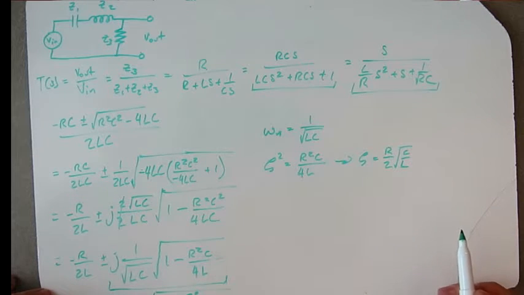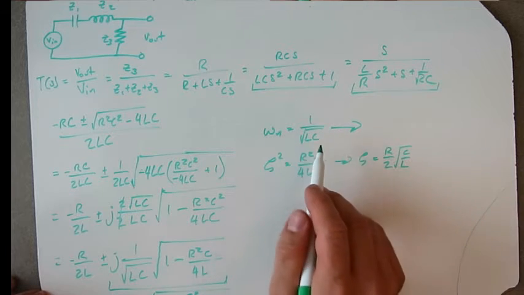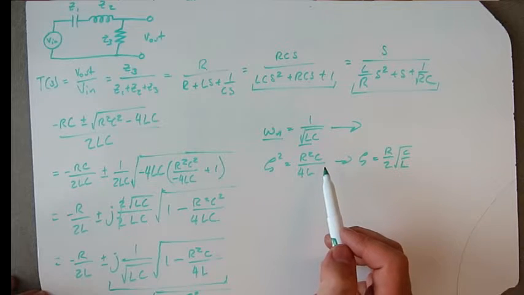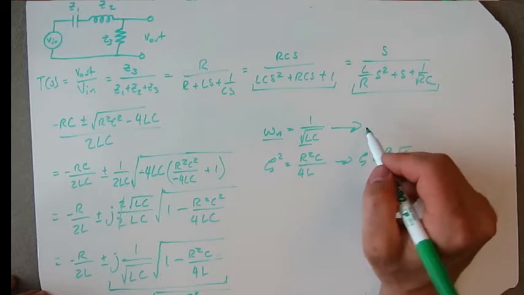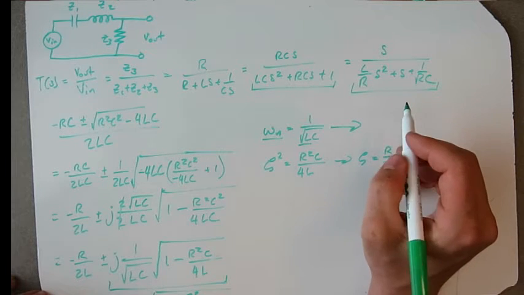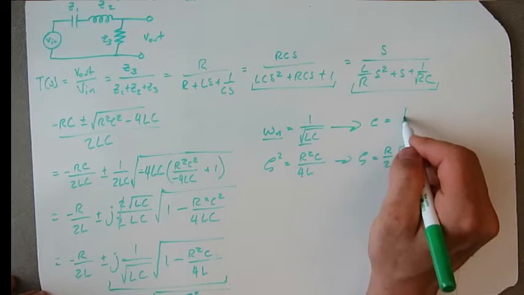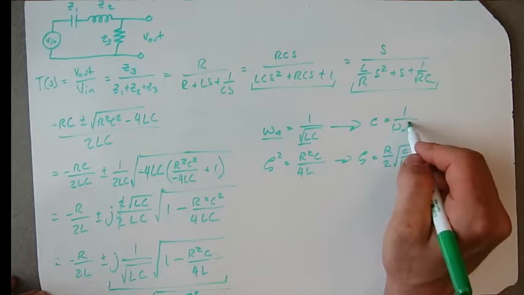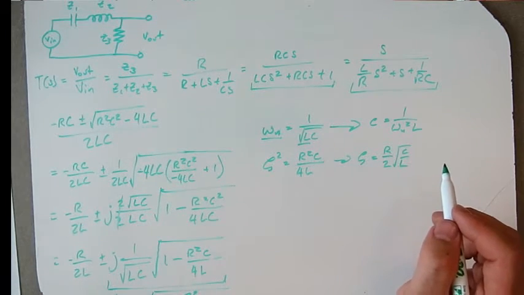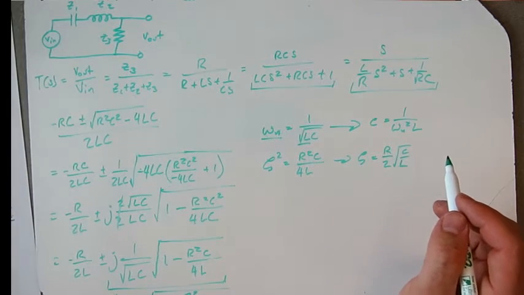So what this will give you in your problem is this equation, since you're given omega n and you're given the inductor, this equation determines your value for the capacitor. It's going to be C equals 1 over omega n squared L. Let's see if that's what I wrote down. Oh, that's off somewhere else. Who cares? That's going to be correct.